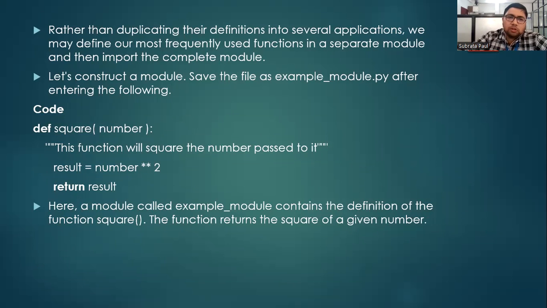So, if we consider this example, here you see we have defined a square function. This function will square the number passed to it. The result is the number to the power 2, and then the computed result is returned. Now, the example module will contain the definition of the function square.